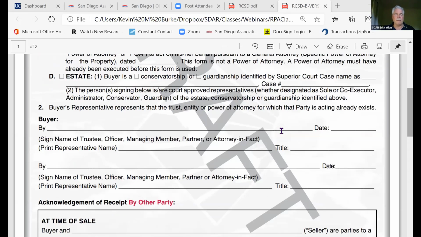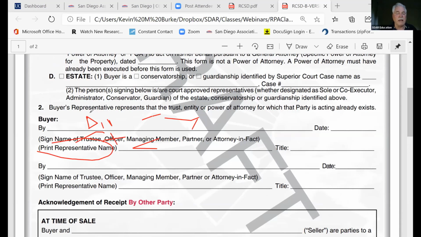So I got my buyer's name. Again, the buyer would be the name that the buyer is buying the property under. So this will say Bob Trust, right? And then down here, you'll have the name of the trustee, the officer, or the managing member, and then they will sign it.